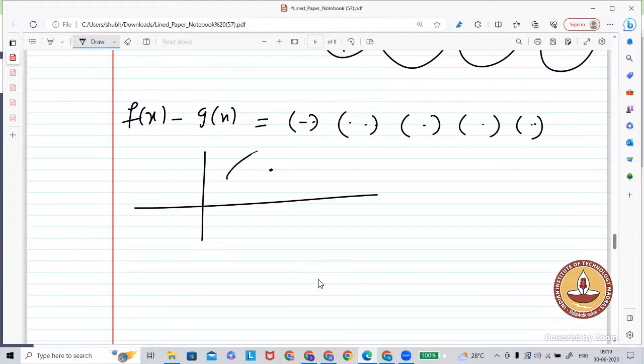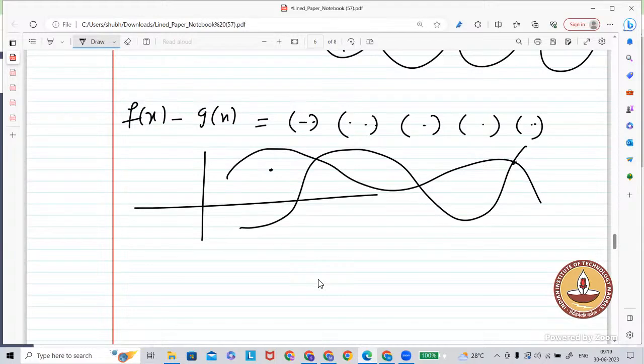I could understand the intersection points, but there are three functions, f of x, g of x, and h of x. So there are three graphs given. One of the graphs, h of x, looks like a parabola. So we need to find the expression for h of x.